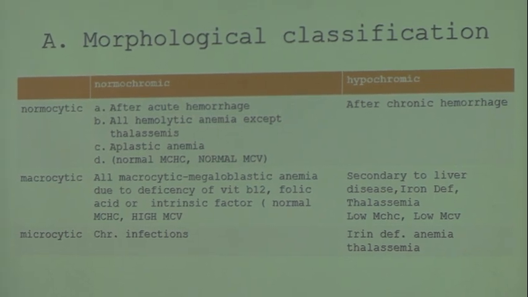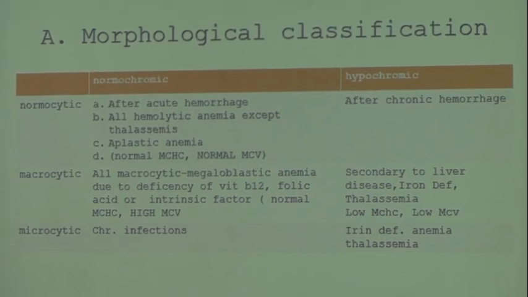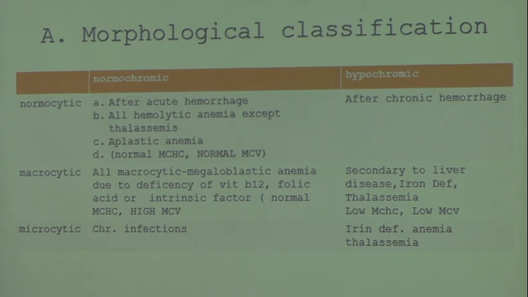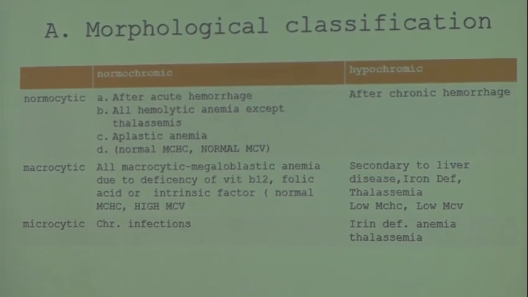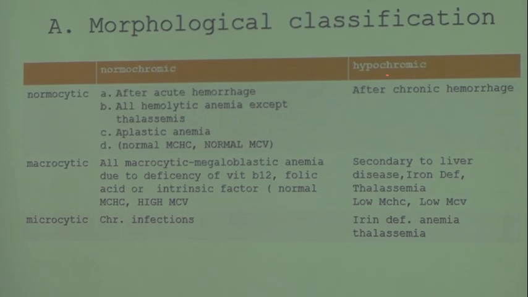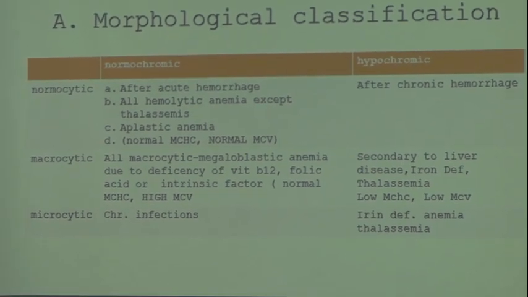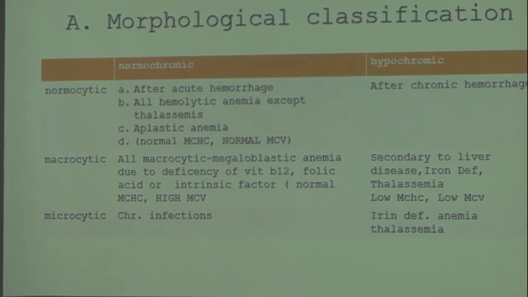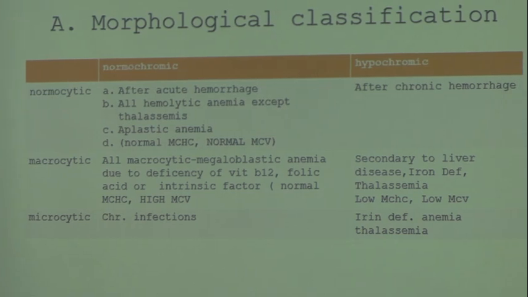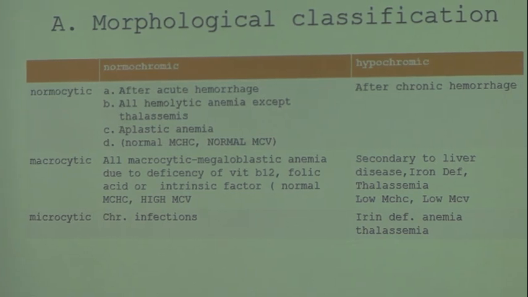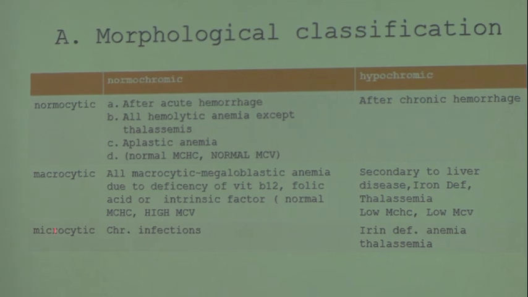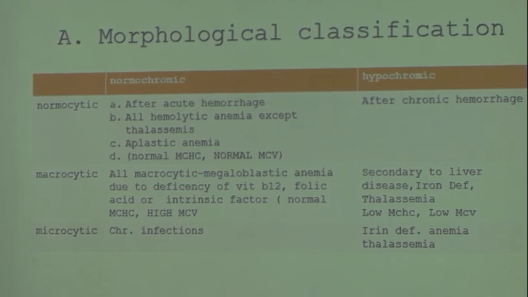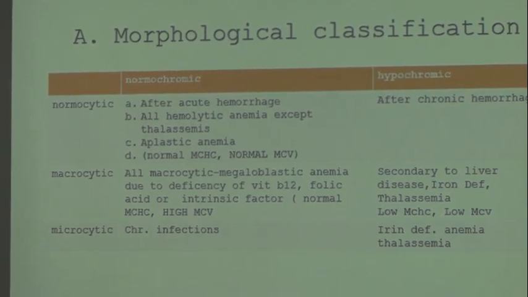They have normal MCHC, high MCV. And macrocytic hypochromic, for example, secondary to liver disease; iron deficiency, thalassemia have low MCHC, low MCV. Microcytic normochromic examples are chronic infections.